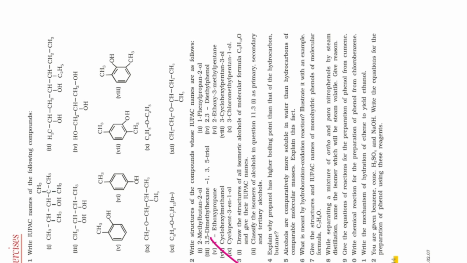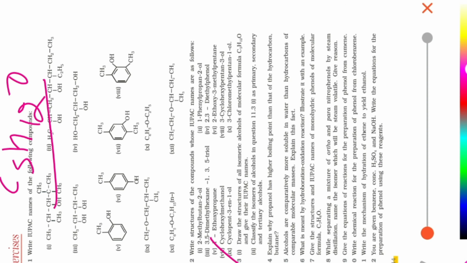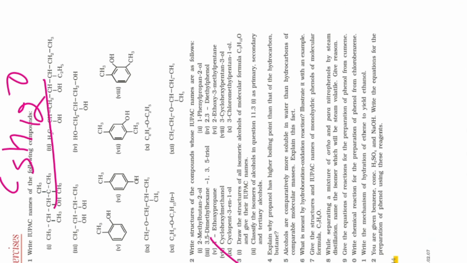When they are asking C5H12O, I am writing it over there. You have C5H12O, so I will tell you near about 8 isomers will be there. What does isomer mean? Isomer means their molecular formula is the same but structures are different.